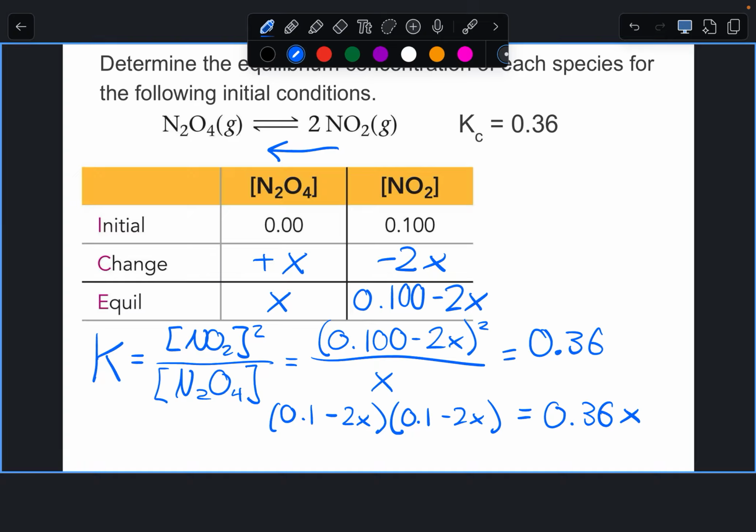And now I'm going to FOIL the 0.1 minus 2x, which is where that x squared term is going to come in. So 0.01, and then minus 0.2x minus 2x and plus 4x squared.